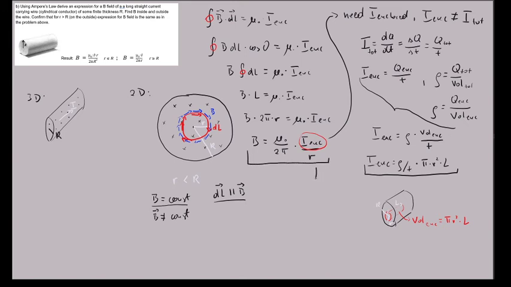By combining the two, we get the following expression: the magnetic field on the inside is equal to mu naught over 2 pi times, well, let's just copy this over, rho for the density times pi times r squared times L divided by time times R. Yeah, I think I got all of the pieces.